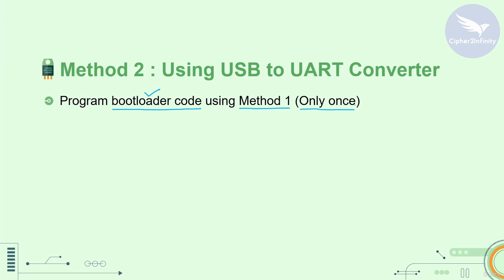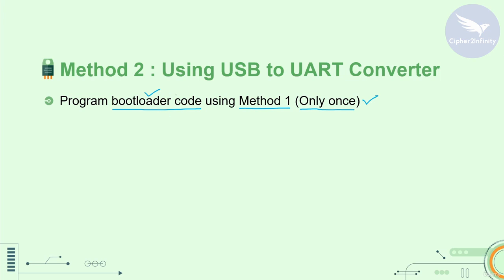Once this process is done, even if you throw away this USB ASP programmer, it doesn't matter, because further we don't have the need to use it. Once the bootloader is programmed in the microcontroller, we don't have any need of the USB ASP programmer, so you can keep it aside.